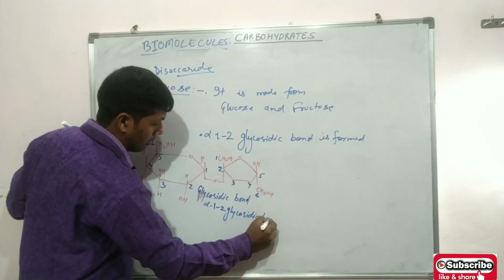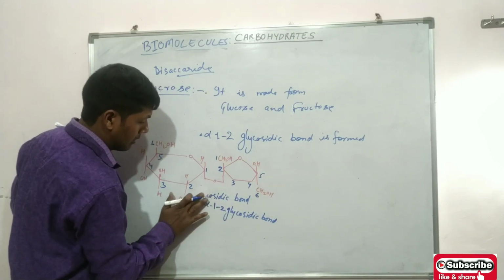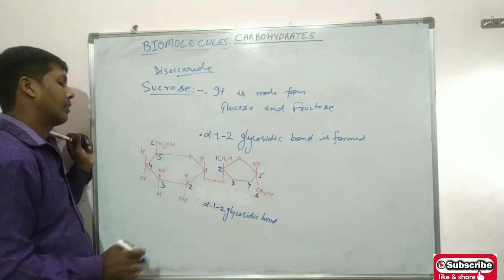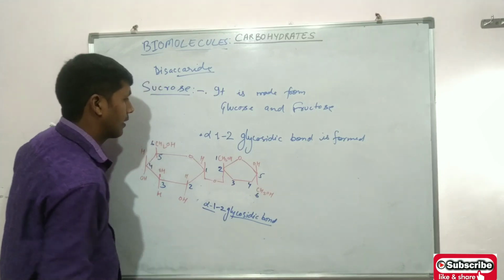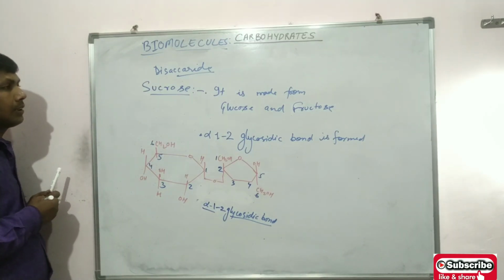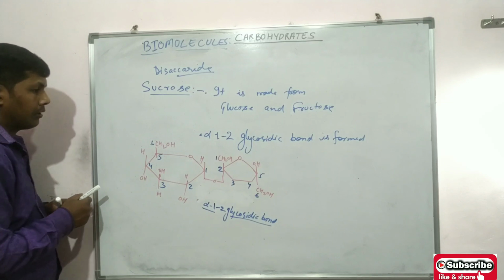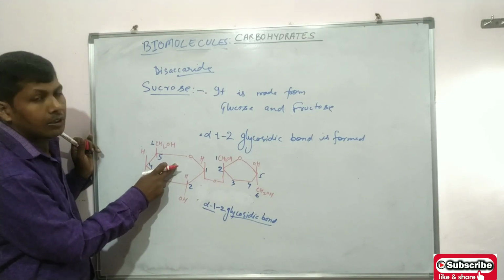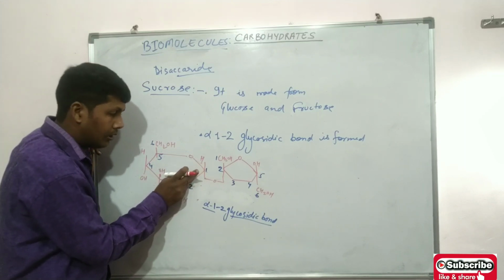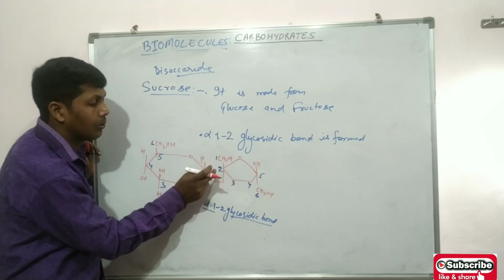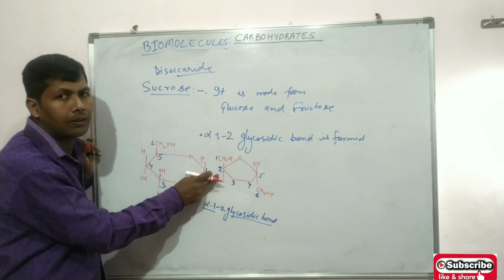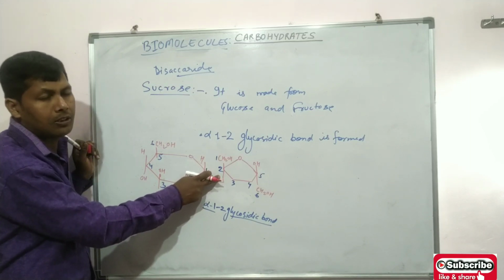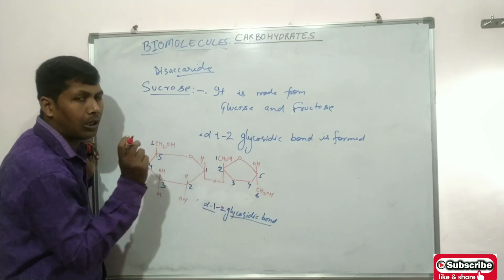Glycosidic bond. I can write here: this is a non-reducing sugar because in glucose the functional group is present on carbon 1 and in fructose the functional group is present on carbon 2. On 1 the aldehyde and on 2 the ketone group are joined together and form the glycosidic bond.